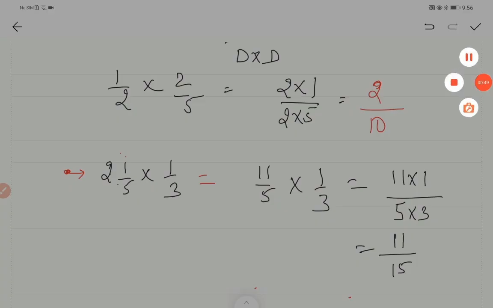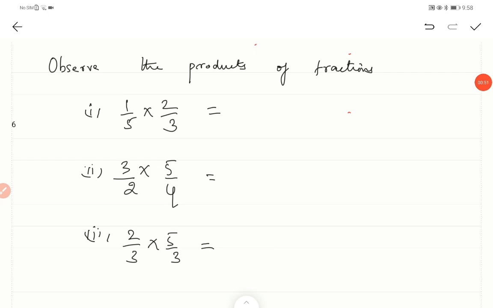Now let's observe the product of these fractions. See what is happening, and let's get some conclusions from these. So 1 by 5 and 2 by 3, what are they? Are they proper fractions or improper fractions? They are proper fractions because the numerator is less than the denominator.